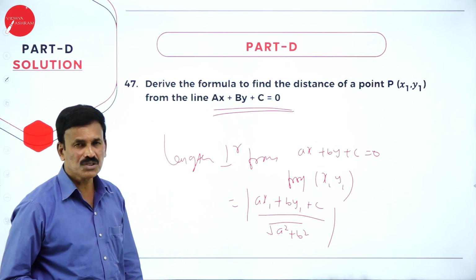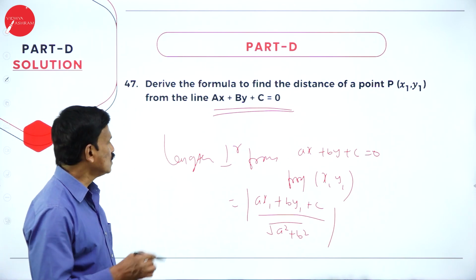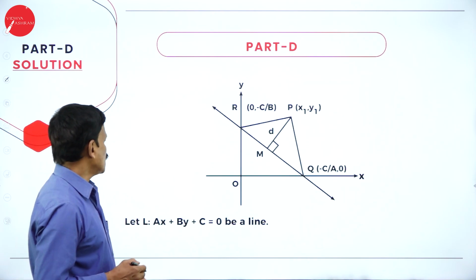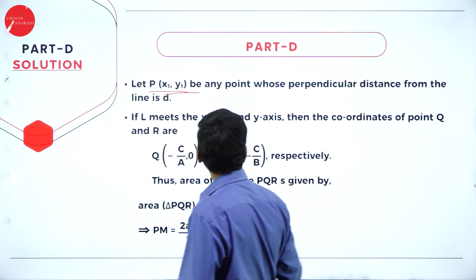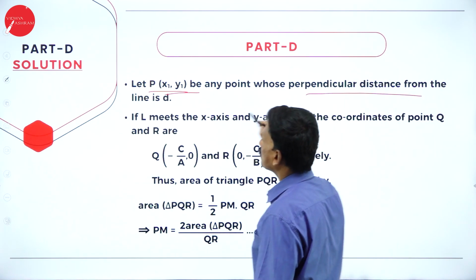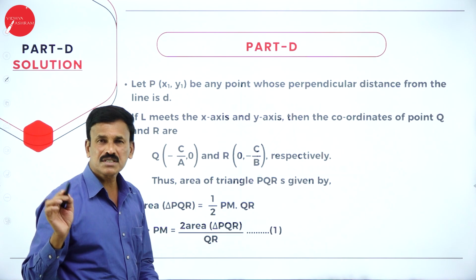For this we are going to consider the area of a triangle. Now, this is the construction part. Let P(x1, y1) be any point whose perpendicular distance from the line is d. Let us draw the diagram.